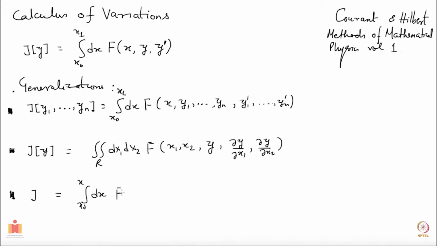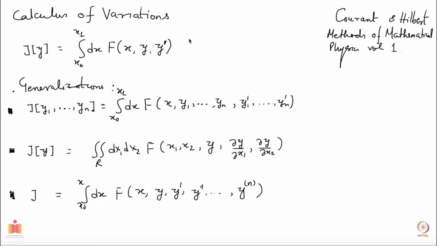You have some function f, which not only depends on the function y, but also its first derivative, second derivative, and so forth, up to the nth derivative. So you may ask, I want to minimize such an integral. There are many generalizations that are possible.